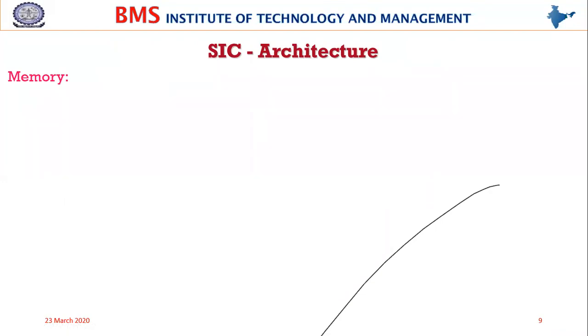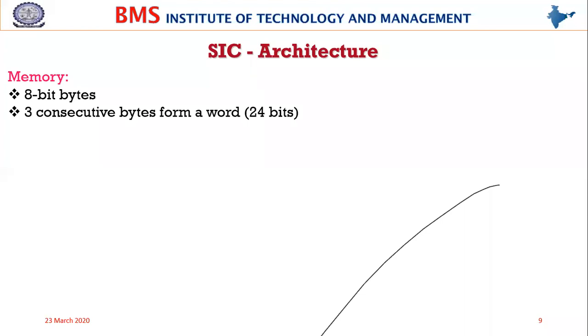First we shall start with the memory. SIC is a simple version of the machine, and it has a small memory. Here we will use the same earlier notation, 8 bits form 1 byte, and it is byte addressable. 3 consecutive bytes form 1 word. An integer is also a word, and here we don't have floating point numbers.